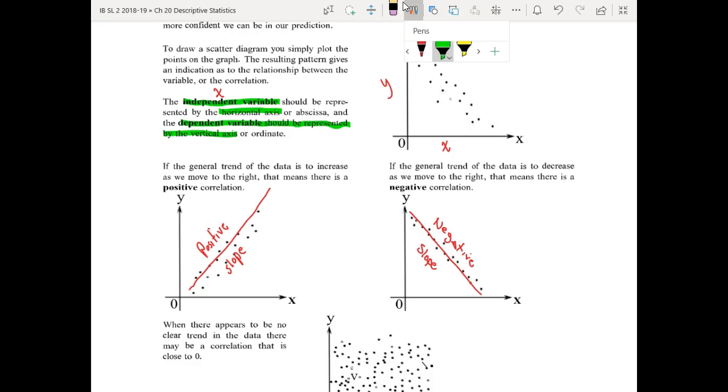Positive correlation means as one variable increases, so does the other.